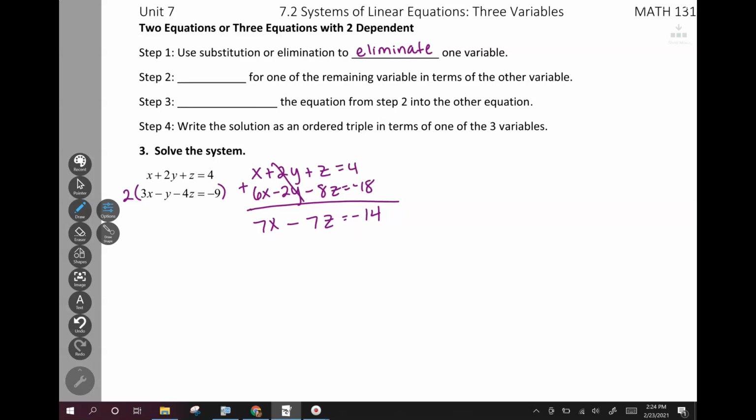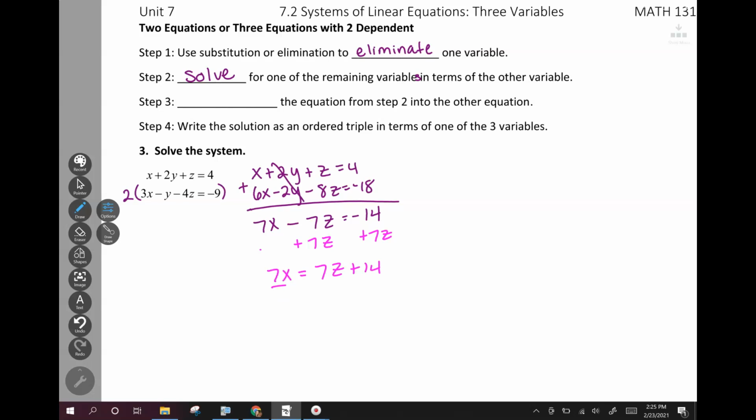Step 2. Solve for one of the remaining variables in terms of the other variable. So choose one of those variables to solve for. So I'm going to solve for x. So I'm going to add the 7z over. 7x equals 7z plus 14.